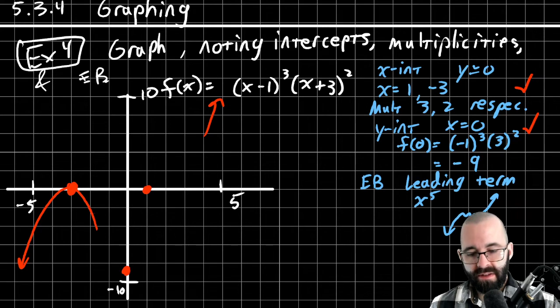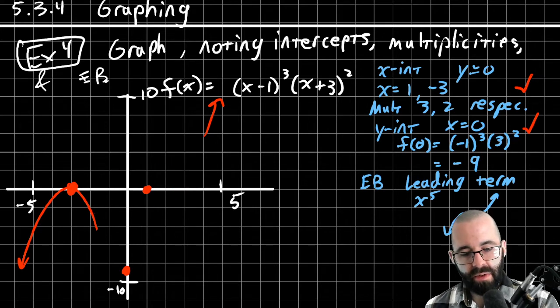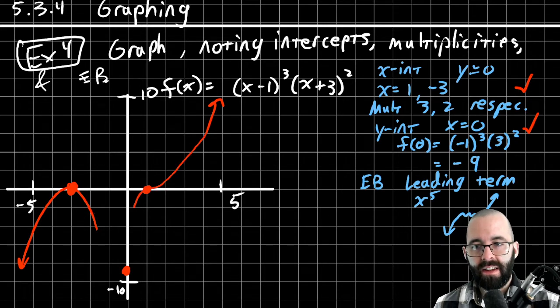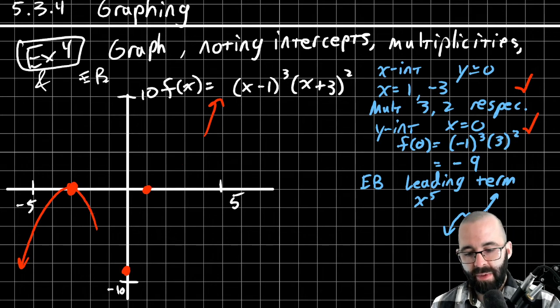Similarly, right, the other 0 has multiplicity 3. So it's going to kind of cross like a cubic function. Kind of like that. Maybe even a little bit more like that. Or maybe it doesn't matter too much. Just get the general idea of that cubic function.